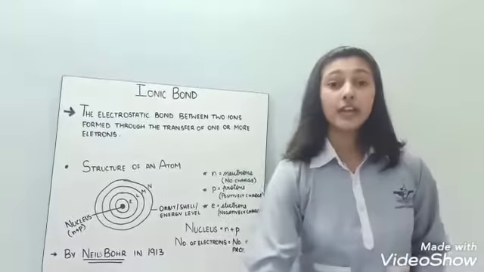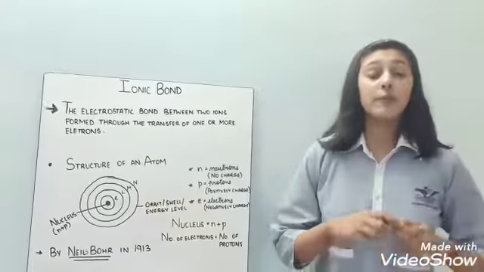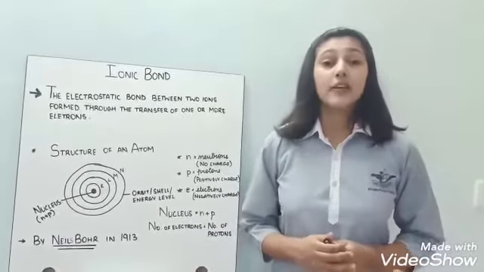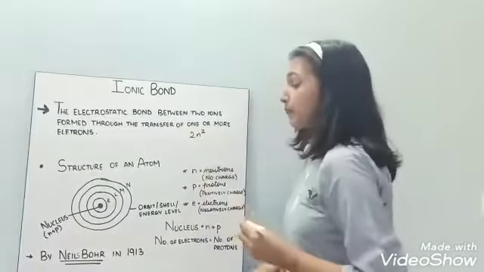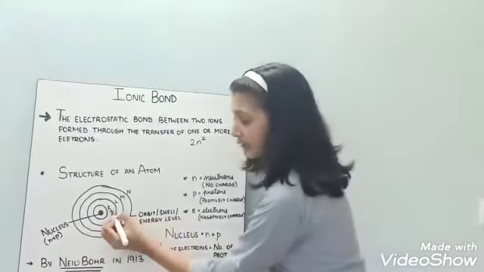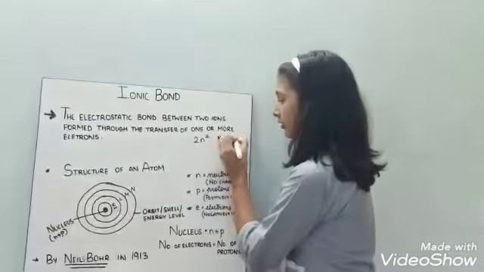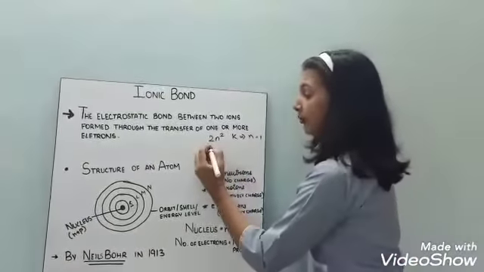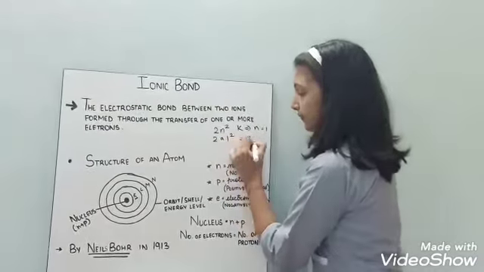There are four shells: K, L, M and N. The number of electrons any shell can accommodate is given by 2n square. In the first shell, which is the K shell, n is equal to 1. Therefore, the number of electrons it can accommodate is 2 into 1 square, which is 2.